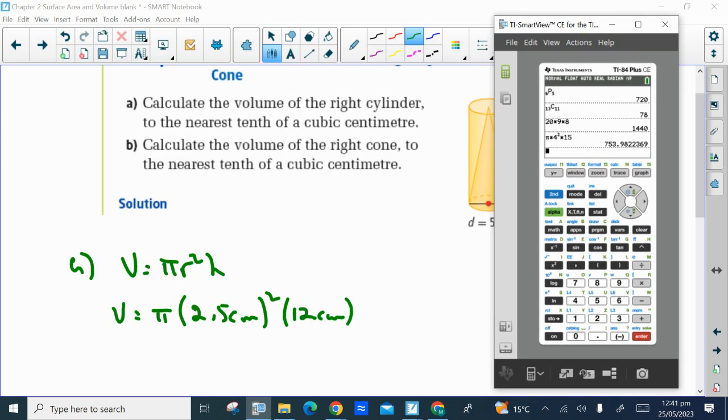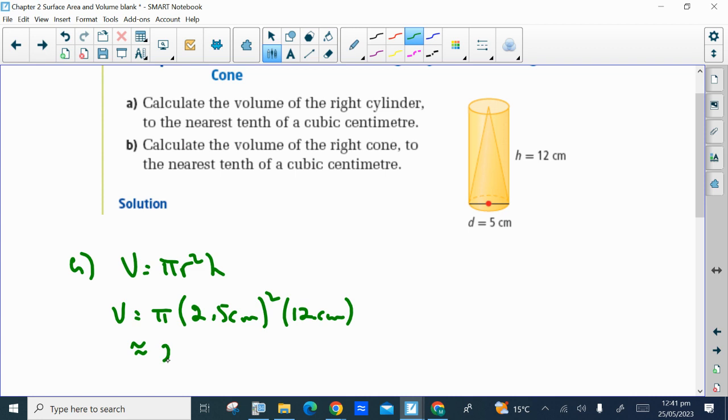So we've got pi times 2.5 squared times 12. So to the nearest tenth, that'd be 235.6. And again, volume is always in units cubed.